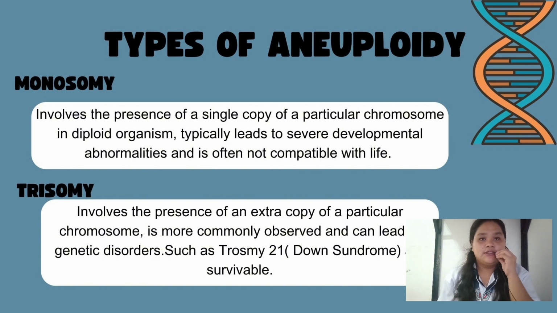The name refers to the fact that there is one unpaired chromosome or partial chromosome in the genome. Mono comes from the Greek for one. The causes of monosomy begin in the parents of the affected offspring.